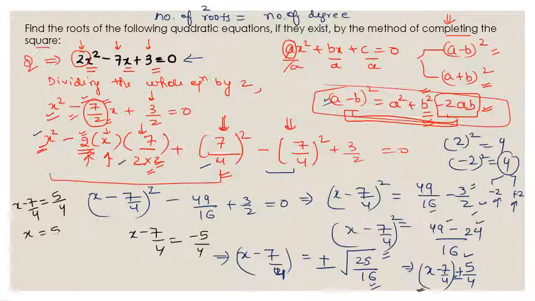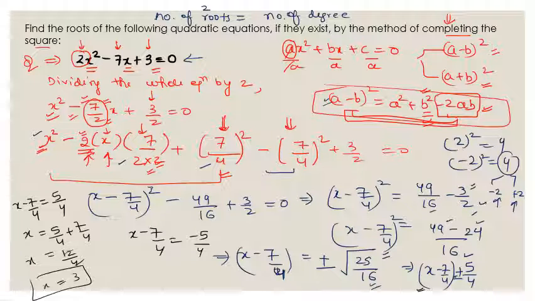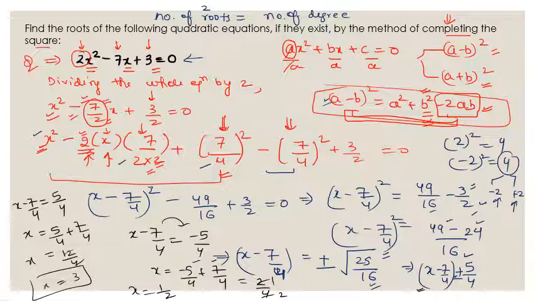So this will give you 5 by 4 plus 7 by 4, that means 12 by 4, that means 4 3s are 12, x is equal to 3. And from here you will get minus 5 by 4, this will go into plus 7 by 4, so 7 minus 5 is 2 by 4, so x is 1 by 2. These are your two zeros or roots or solutions.